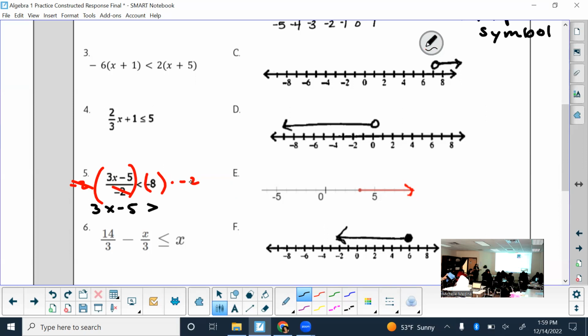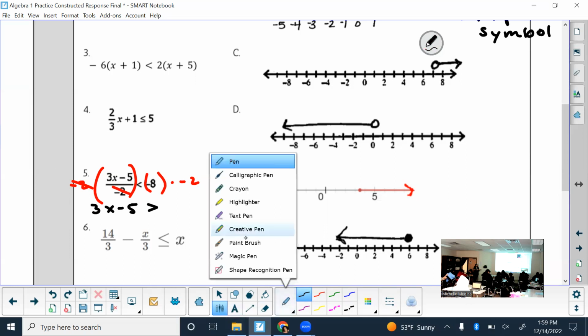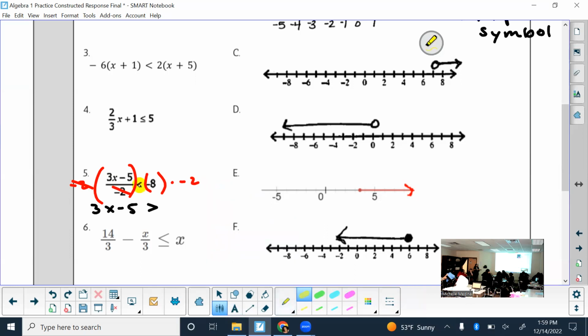Yes, because I multiplied a -2 on both sides, so that's why I flipped the sign. And then on the right side, what's -8 times -2? Positive 16, negative times negative is positive.